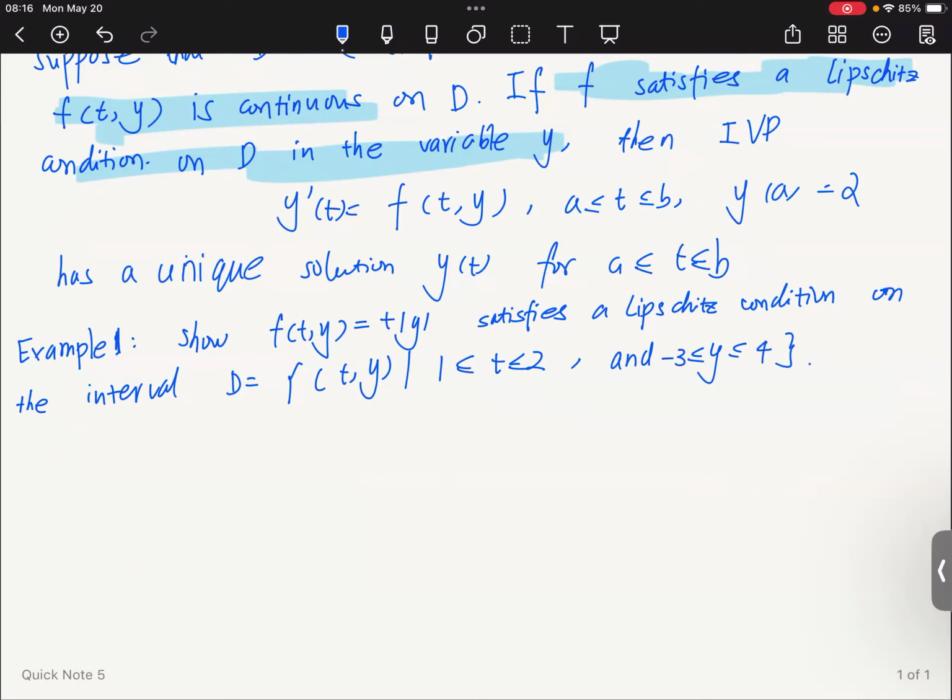So we also need to know that it should be the Lipschitz condition on the interval here, and then we are going to check this. I believe that it should be the Lipschitz condition in the variable y.